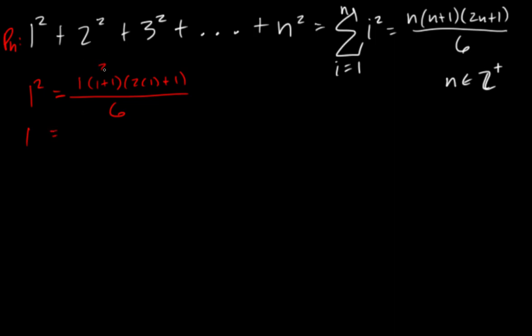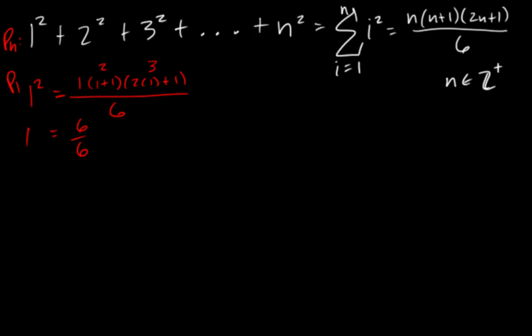This is going to be 1, then 2, then 2 plus 1, which gives us a 3. 3 times 2 times 1 is 6, and that's a true statement. 1 is equal to 6 over 6. And so we know that the first case, P1, is true.